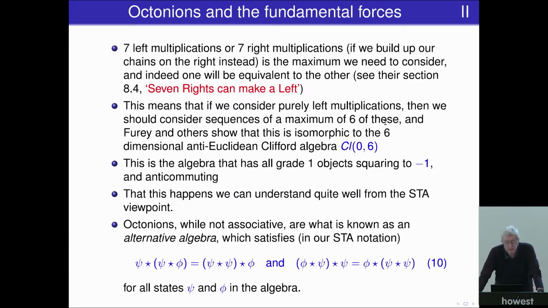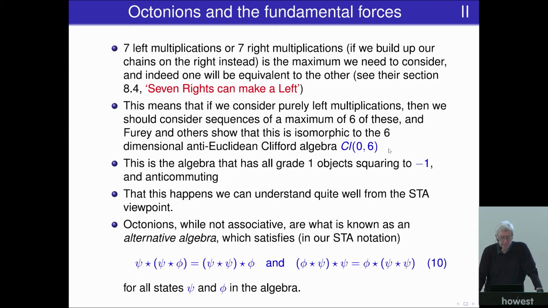Furey and others show that this is isomorphic to the 6-dimensional Clifford algebra Cl0,6. It's got 6 grade 1 objects squaring to minus 1, and so we call that anti-Euclidean Clifford algebra. Now, maybe I should skip a bit here, because I really don't want to go on far too long.